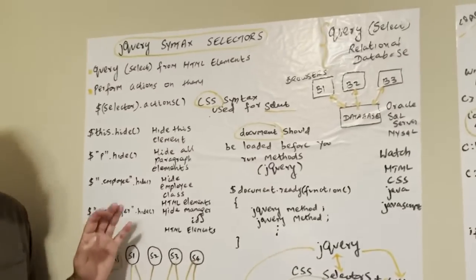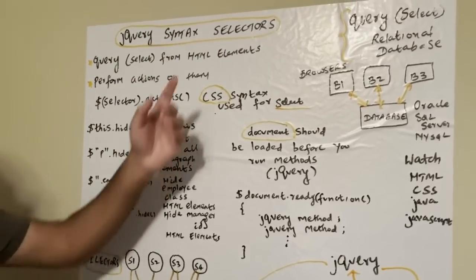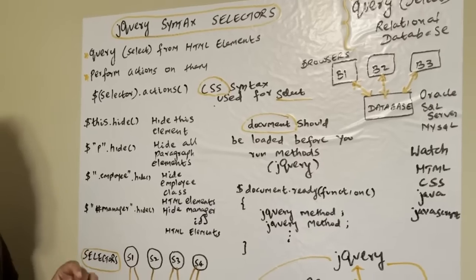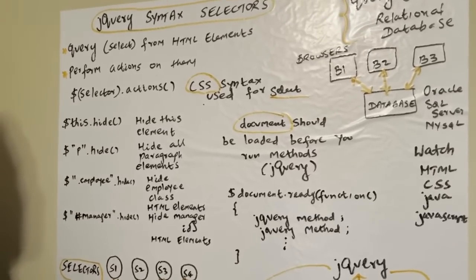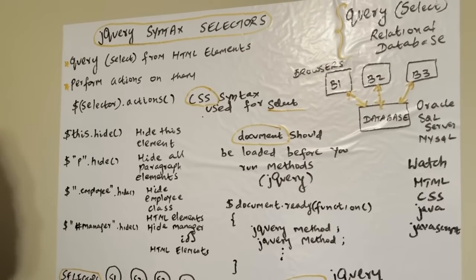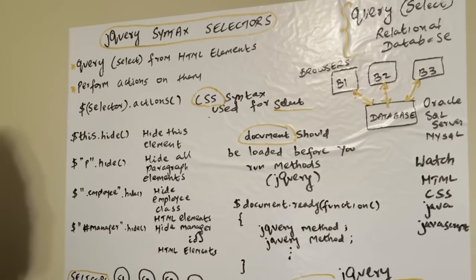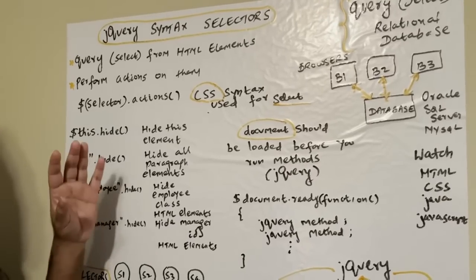Today we're going to talk about jQuery syntax and selectors. Remember, selectors are used to select, or query, from the HTML elements. Select is to get data. In databases you want to select or query data from the database and it's displayed on the browser.